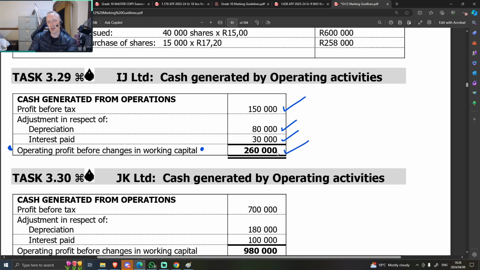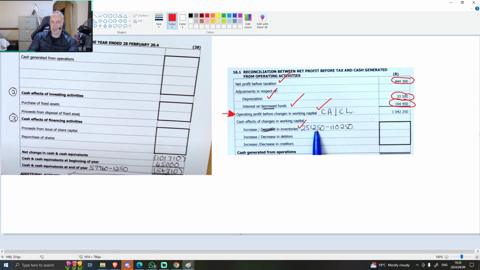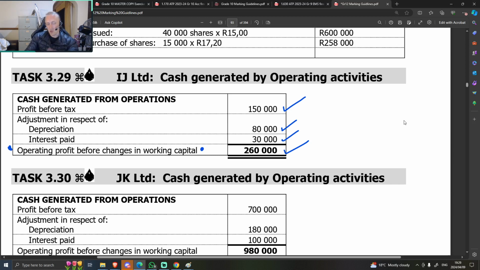All right. That 260,000 in the cash flow statement would go right here. This figure here. Operating profit before changes in working capital. Okay. So we're done with that one.